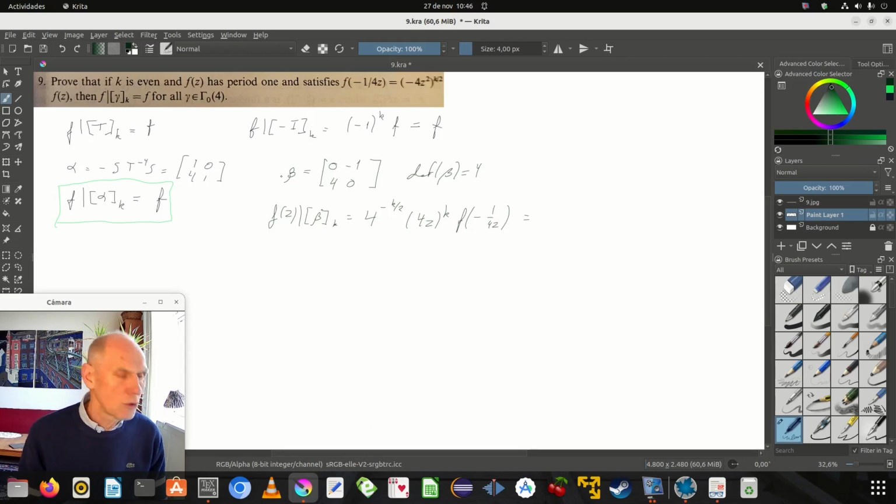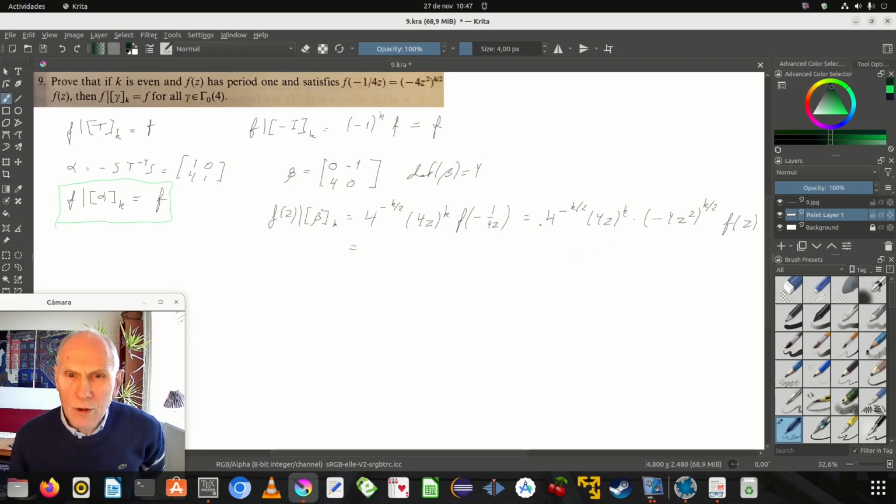And now we must use the relation, of course, and reduce it slightly. 4 to minus k halves and 4 to minus k halves, they cancel. So we have 4 to the kth.